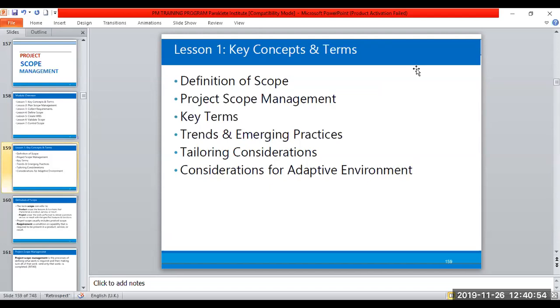to the vividly. We have the definition of scope, and scope is defined in two dimensions, or broken down into two. We have product scope and project scope.